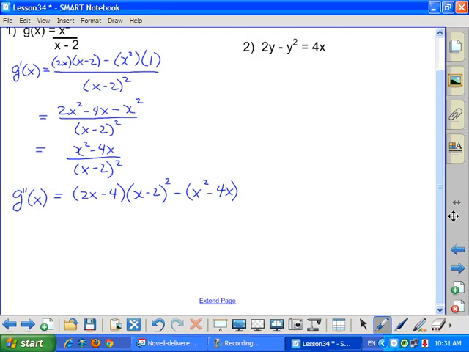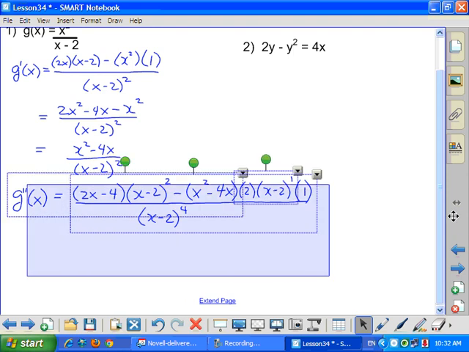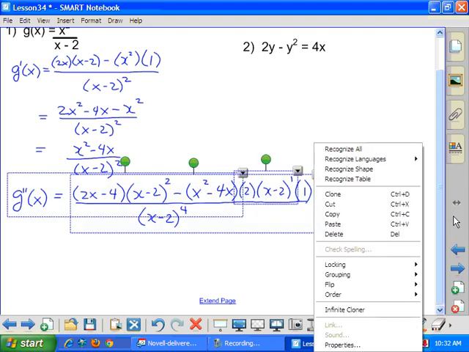So that means we'd have the 2 multiplied down, x minus 2, and I'll put the exponent 1 in for good measure, multiplied by the derivative of what's inside, which is just a 1, and the denominator gets squared, so x minus 2 would now become to the 4th. And there you go. Again, keep in mind, I'm just marking process, so you're not going to have to simplify this last step here for me.